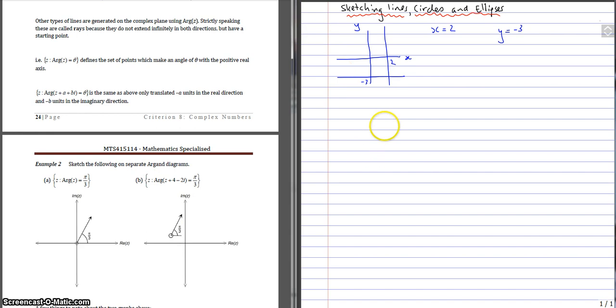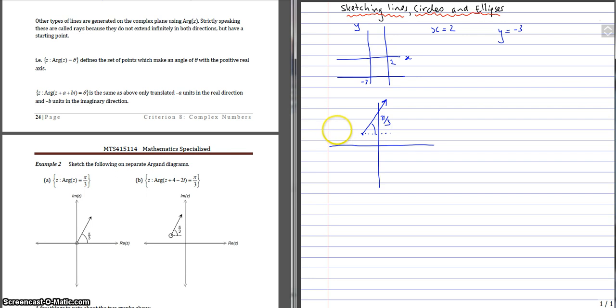It's probably worthwhile noting on that diagram that our point here, at which we've got our angle of π/3 radians, is translated to the left 4 units and up 2 units.